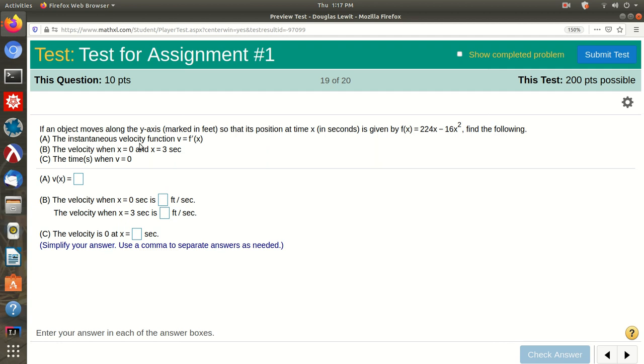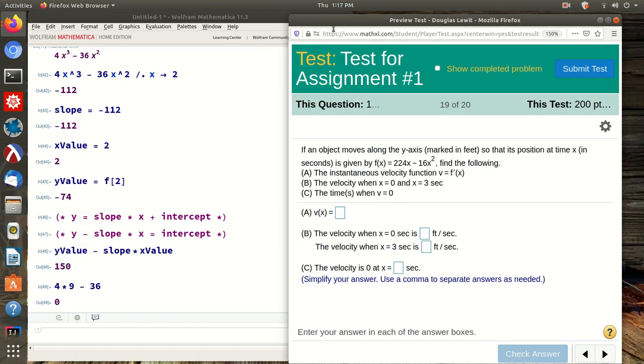The instantaneous velocity function, v is equal to f prime of x. The velocity when x is equal to 0 and x is equal to 3 seconds. The time in seconds when v, the velocity, is equal to 0. A little bit of a tricky problem, but not that bad.